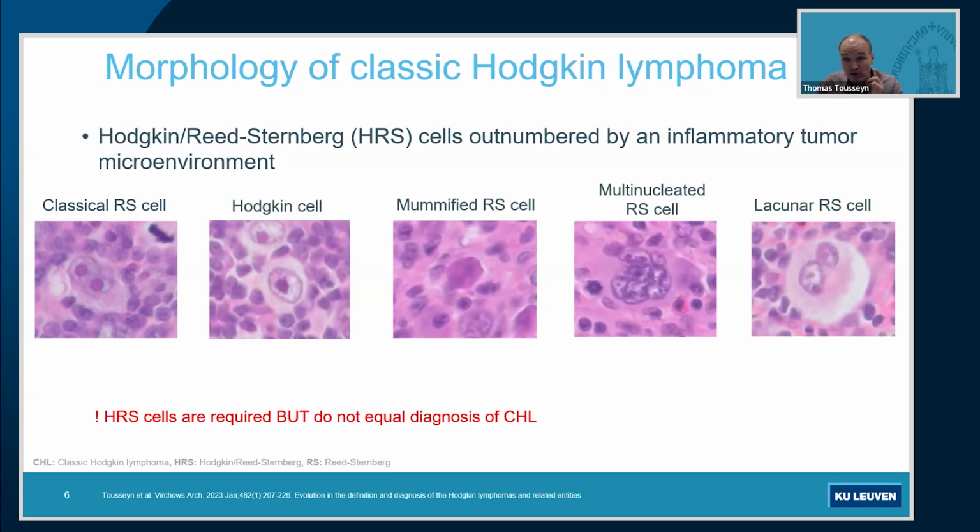But the morphology can be different. We can have Hodgkin cells, which are mononuclear cells with a large nucleolus, resembling very large immunoblasts. Cells can be mummified, multinucleated, or, often as a retraction artifact, lacunar. So these are different presentations of the neoplastic cell.